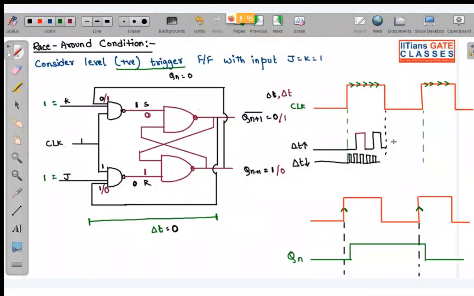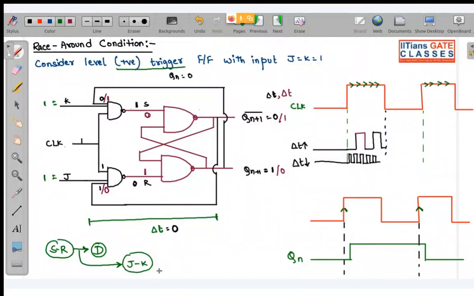Now remember, first we started from SR flip flop. Okay, from SR we went to D flip flop. D is basically delay, we know. And to remove one of the main drawbacks of SR flip flop, we went to JK flip flop.